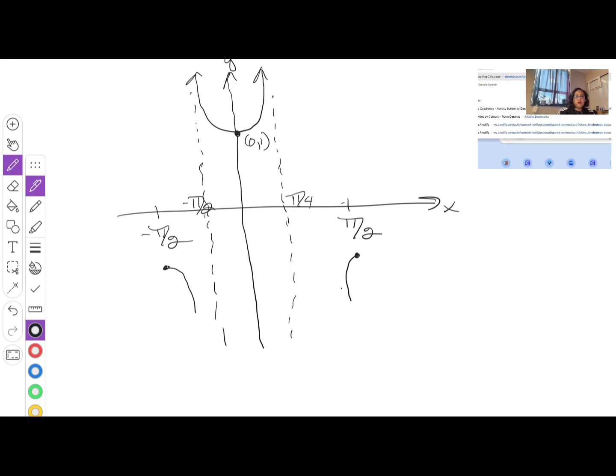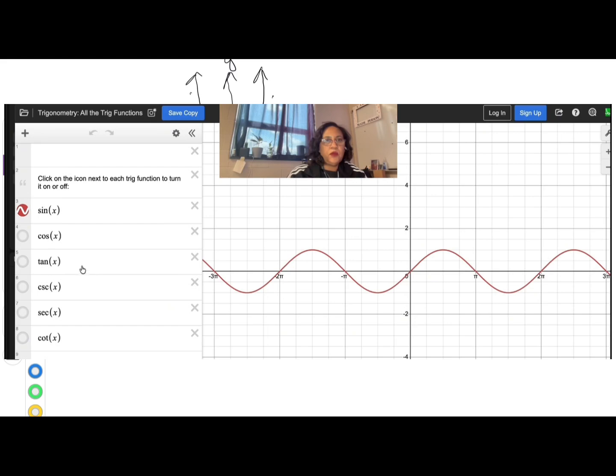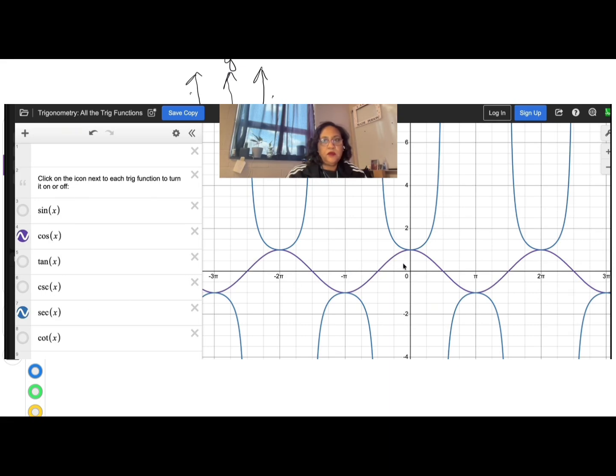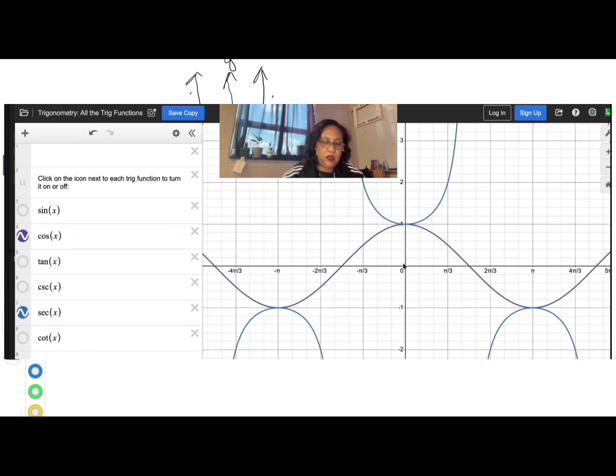And then if you use Desmos, trig graphing, we can see using cosine and secant, right? Make sure this goes to the right.